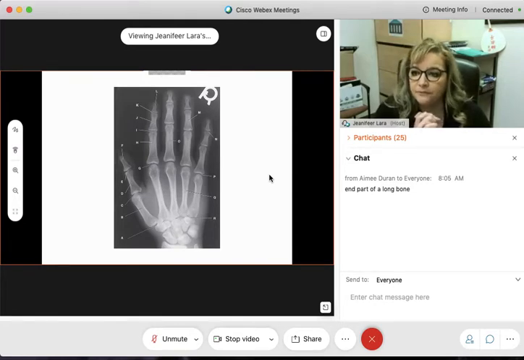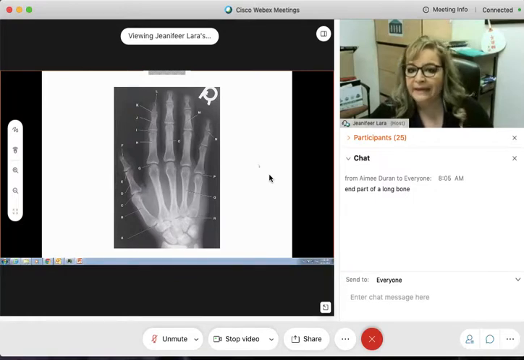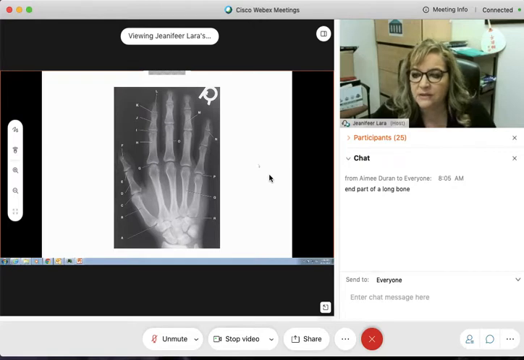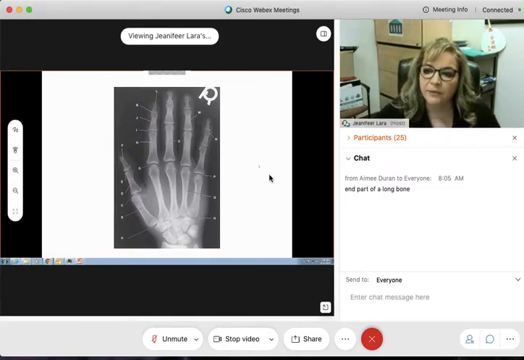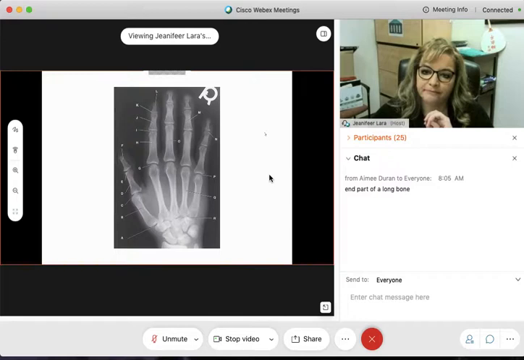My expectations are nothing less than your knowledge: I can point at any location, and you should be able to identify it because this is repetitive information. This is not new information. I did not place any lower extremity for anatomy identification because you're not quite there yet. Make sense? Good. Any questions on this?